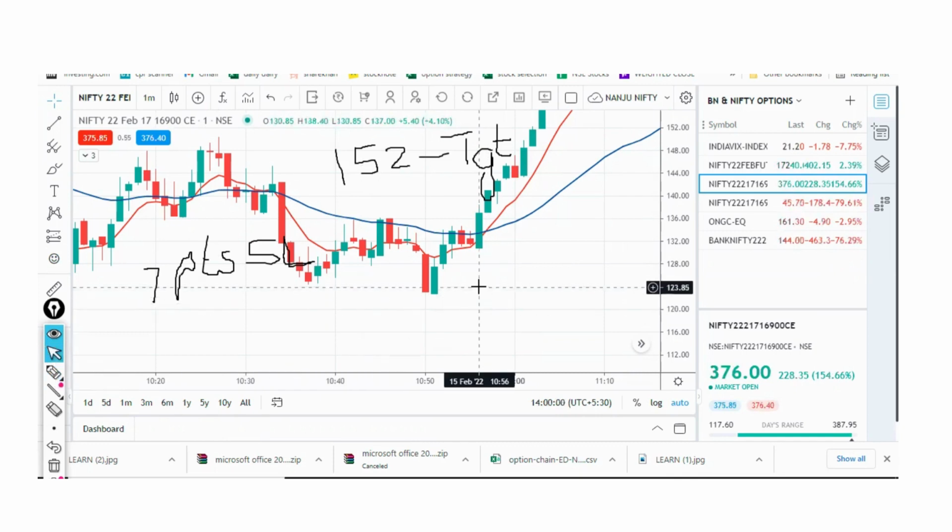So I took the trade on this candle. Let me mark the high and low of this candle.